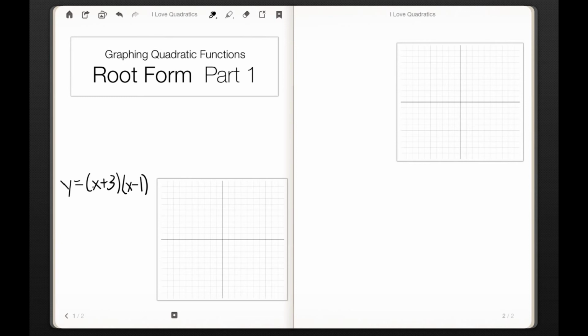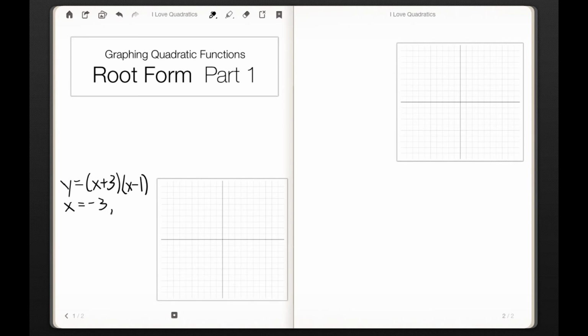What we can realize is that if either one of these terms, either x plus 3 or x minus 1, is equal to 0, then the whole thing is equal to 0, because 0 times anything else will still be 0.